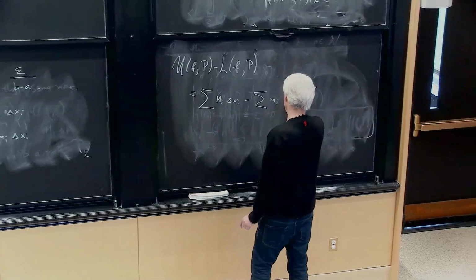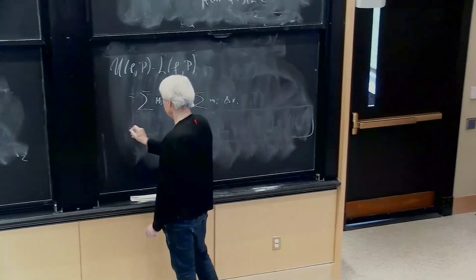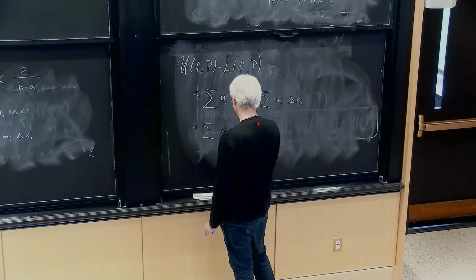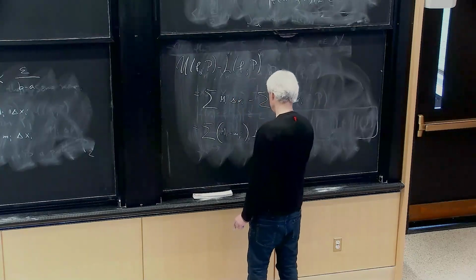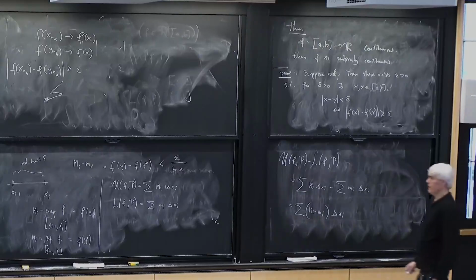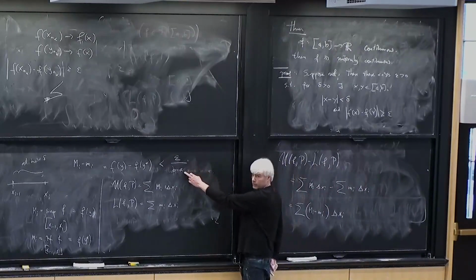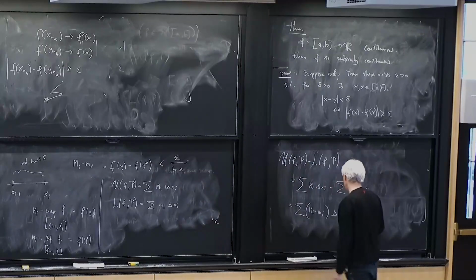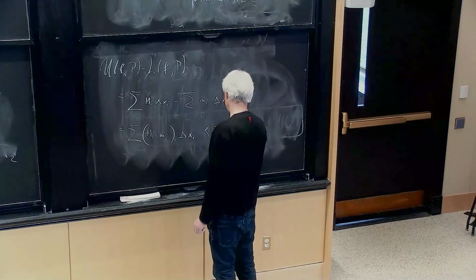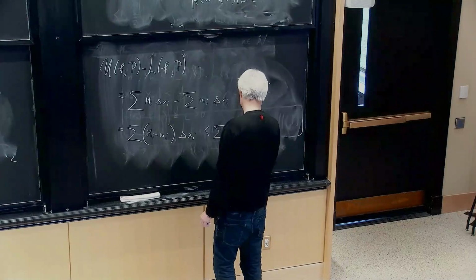But then, once I have written it out like this, I can see that I can write this as the sum of capital M_i minus little m_i times delta x_i. And I already have a bound that each of these is less than this, so I just write in that bound. So this is less than the sum of epsilon over b minus a.